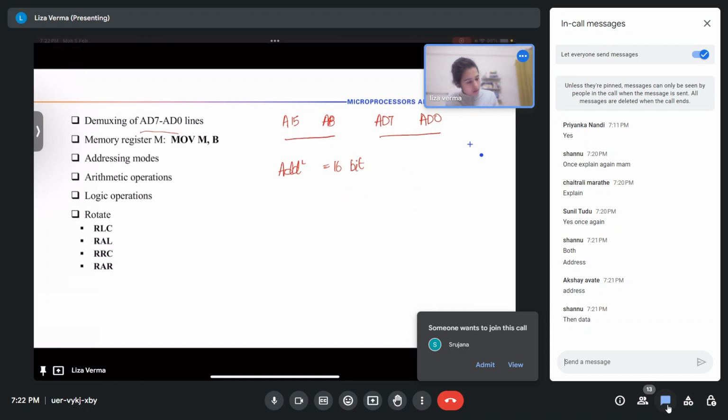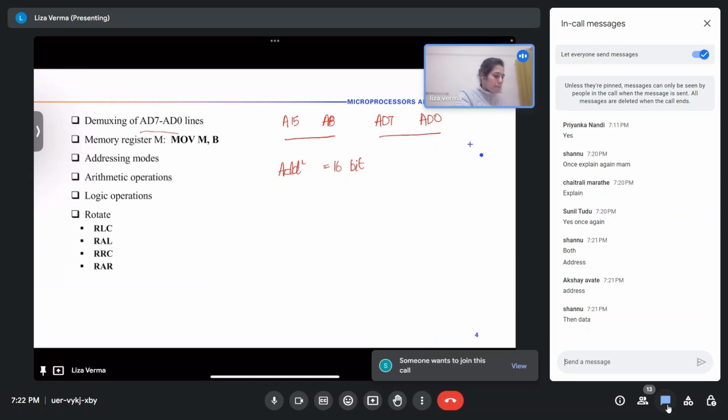So let me draw the diagram. I think it will help you understand that. Let's say this is 8085.